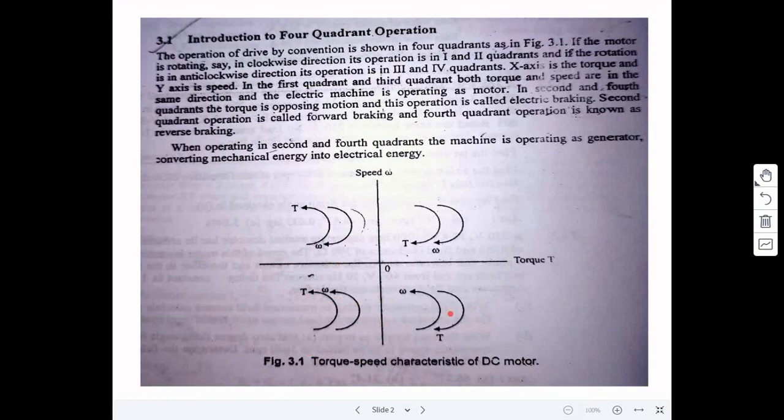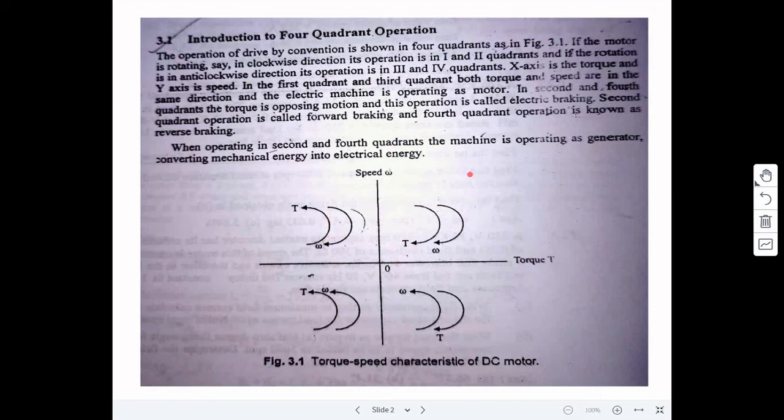Coming to here, speed is in reverse, obviously reverse, but torque and speed are opposite to each other. That is why it is called reverse braking mode. So this is how we divide the four quadrant operation of your DC motor.